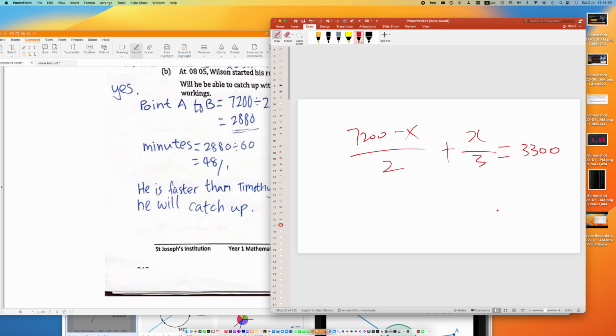Do you need to make the 3300 over 6 also? No. Then? I asked you to cross multiply, meaning you don't have to make that side 6. No need.